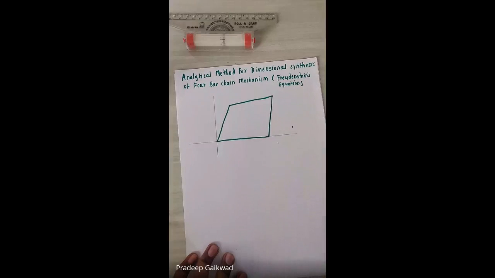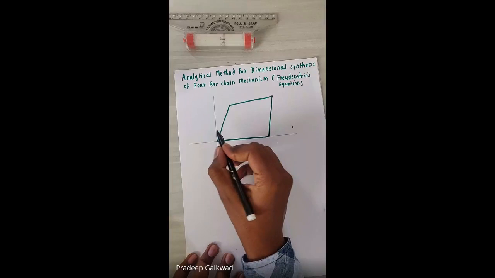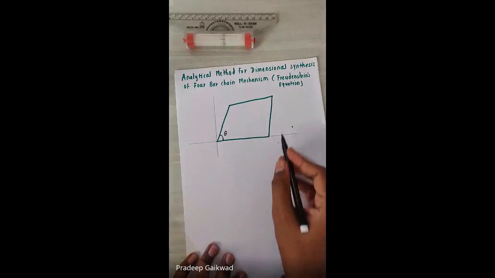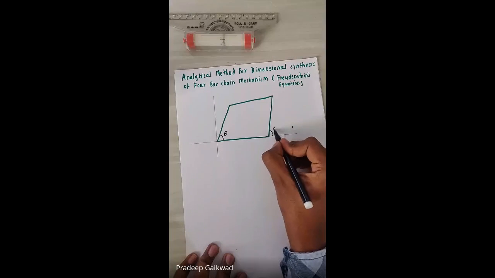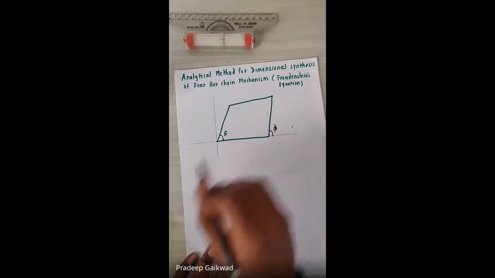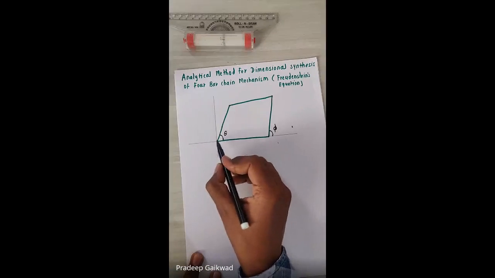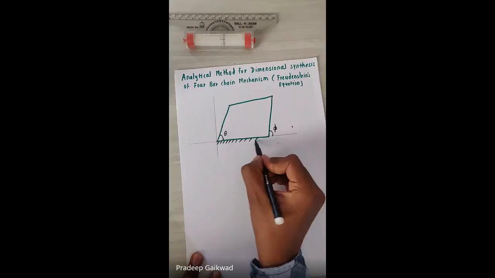Let's consider theta as the angle made by link L2 with the fixed link, while phi is the angle made by link L4 with the fixed link. So theta and phi are the angles made by the input and output links at any instant. And this link L1 is the fixed link.